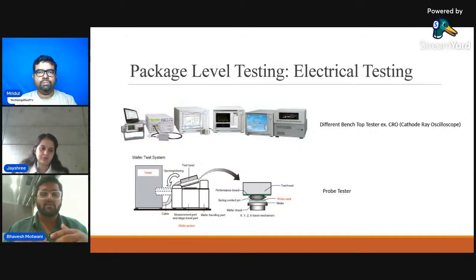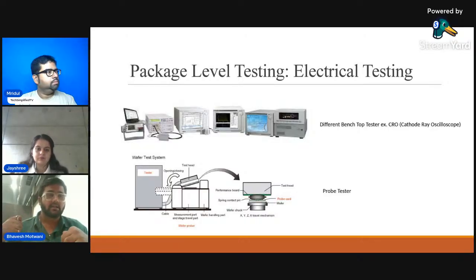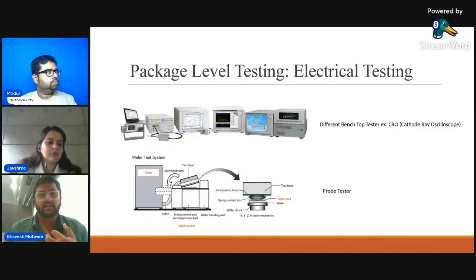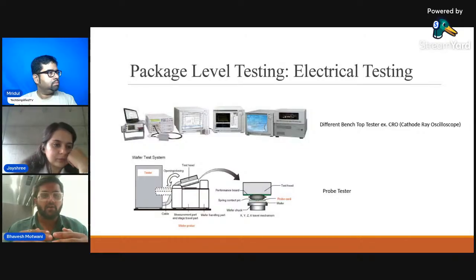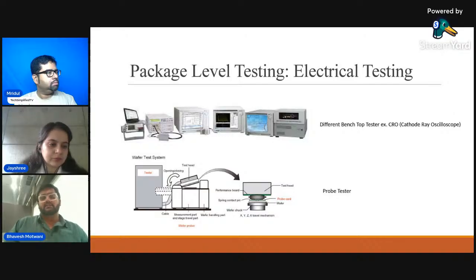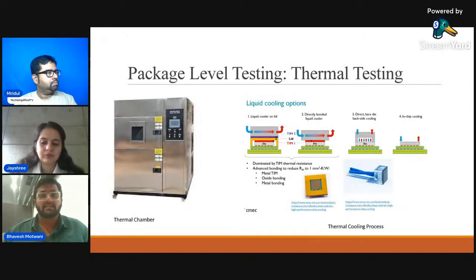Even after making a package, we need to understand what problems we have faced, so that if we do the packaging next time, these problems are prevented. Now these are benchtop testers: CROs, curve tracers, AC/DC testing. We need to understand how the AC and DC parameters are to be maintained. So electrical testing is very important for those parameters.